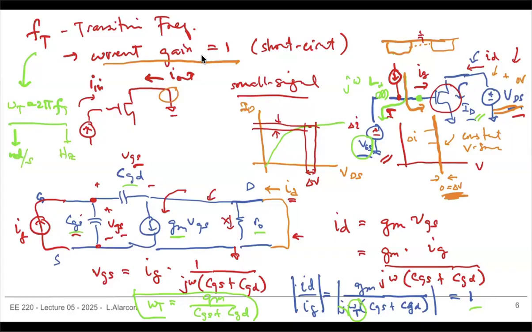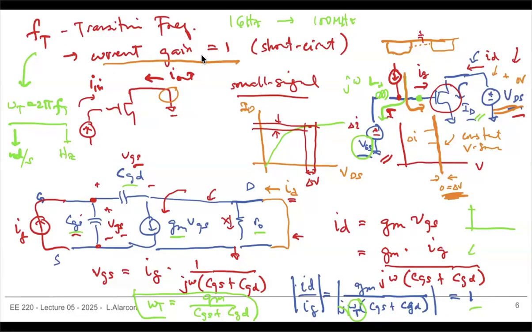So what we normally do is, once we get omega t, we want to operate maybe 1 to 3 decades below omega t. That means if your omega t is something like a gigahertz, you probably want to use something like 100 megahertz or less. Why? Because imagine this is going to be something like a low pass thing.